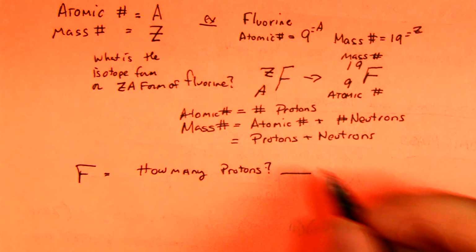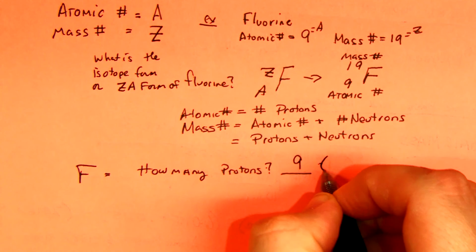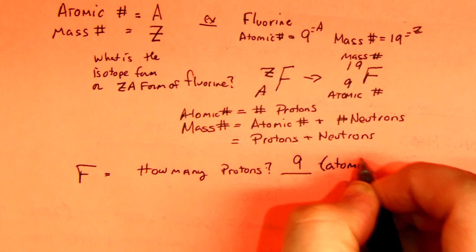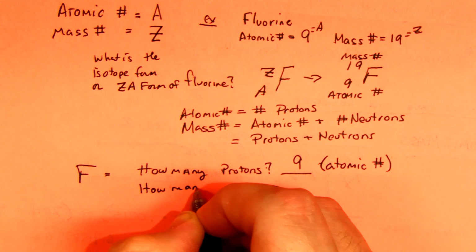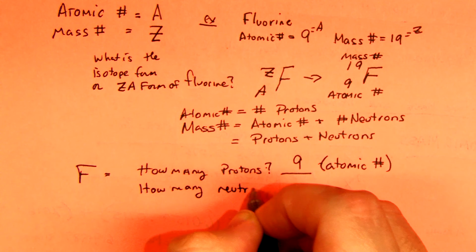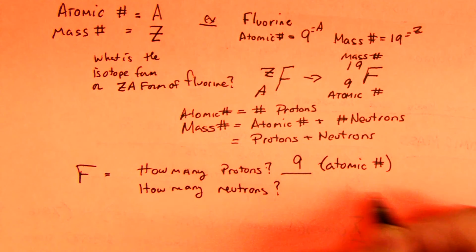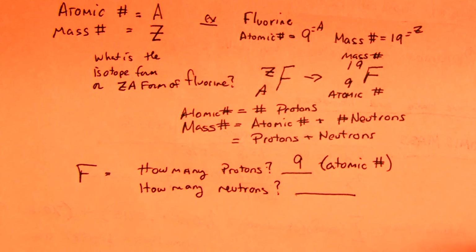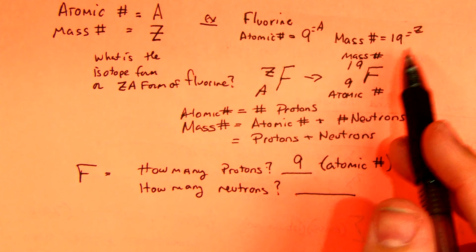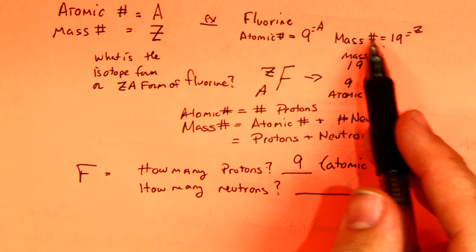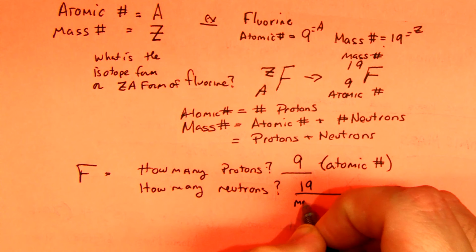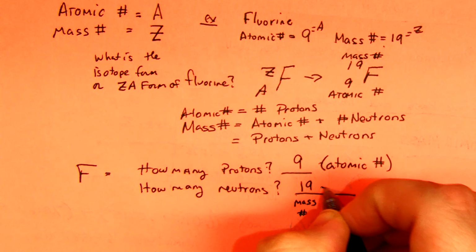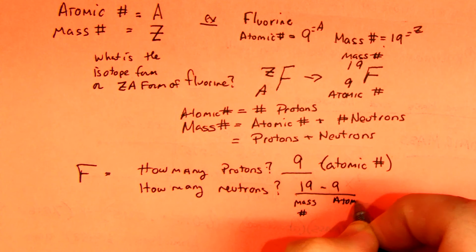And I might ask, how many neutrons? Now, what's the calculation you're going to do? Take the mass number minus the atomic number. So 19, which is your mass number, minus 9, which is your atomic number, is equal to 10. So I know that as written, this has 10 neutrons.